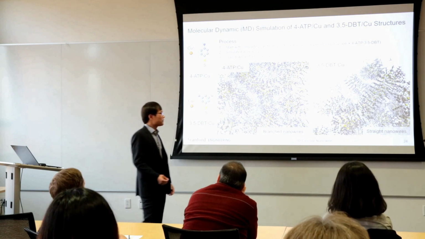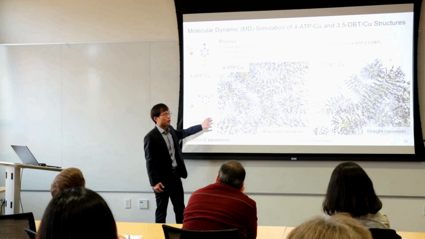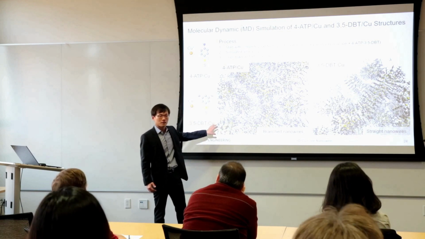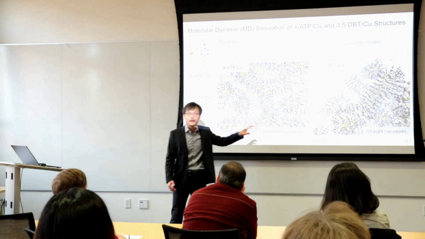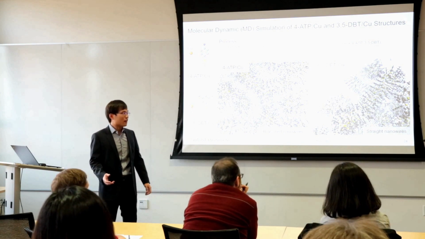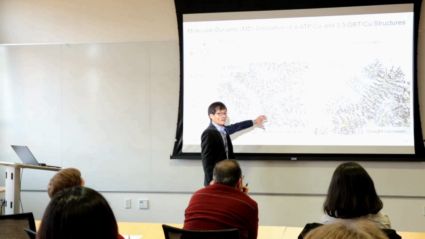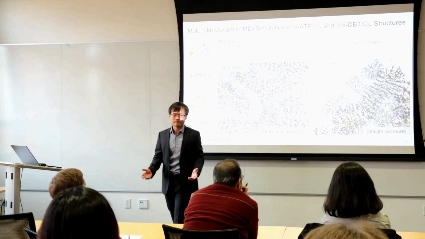At the end of the simulation, here are the structures that were outputted. On the left is the predicted 4-ATP copper structure, and on the right is the 3,5-DBT copper structure. What we see is that nanowires readily form for both material systems.